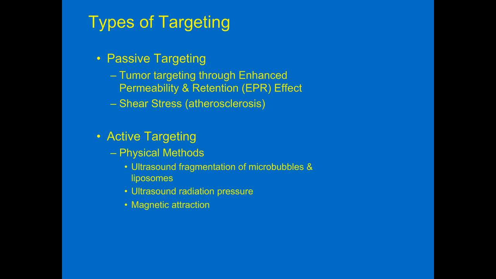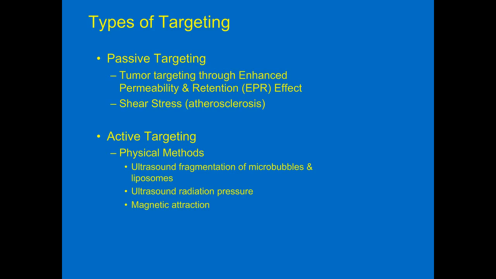There's physical methods, and an example of this is ultrasound. By holding an ultrasound probe over a particular part of the body, you can fragment microbubbles or gas-containing liposomes that have been injected intravenously. And thereby you release the payload where you want it.